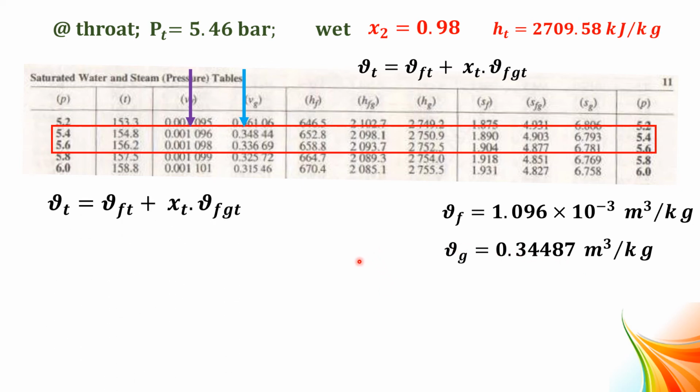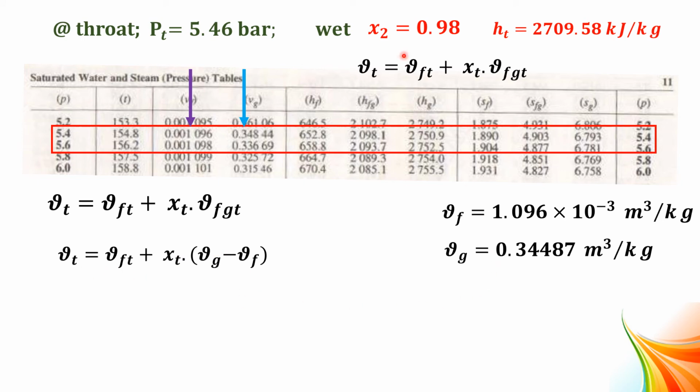Now substituting the values of x2, Vf and Vg in this equation. Here Vfg is equal to Vg minus Vf.